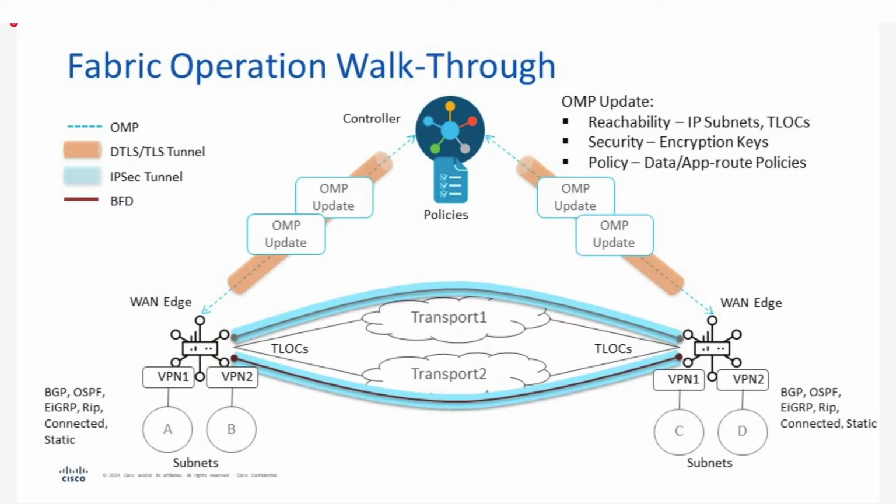Once that is formed, the next thing is it will form IPsec tunnels between your edge devices and all the edge devices. By default, the SD-WAN topology is a full mesh. It will form IPsec tunnels to all the routers which are available in the fabric.